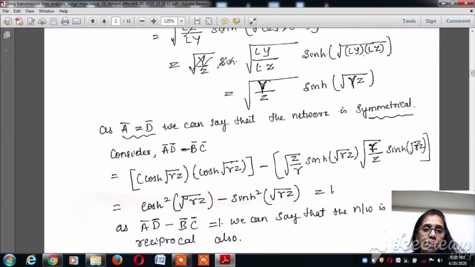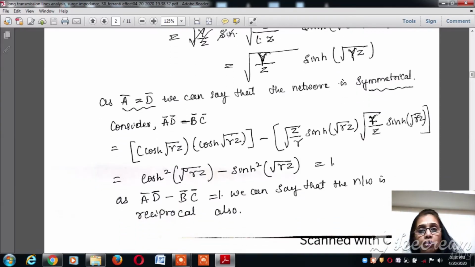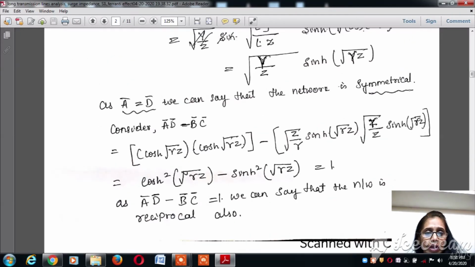If we consider the network to find out whether it is reciprocal, then we have the condition AD minus BC should be equal to 1. Substituting the expressions we have got, A into D is cosh square root of YZ into cosh square root of YZ, minus square root of Z divided by Y into sinh square root of YZ into square root of Y divided by Z into sinh square root of YZ.